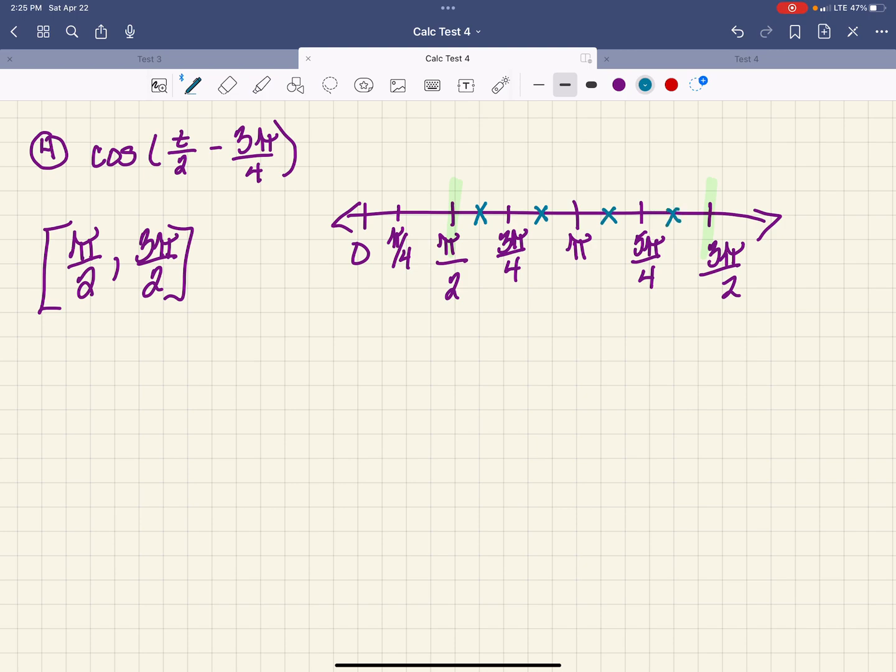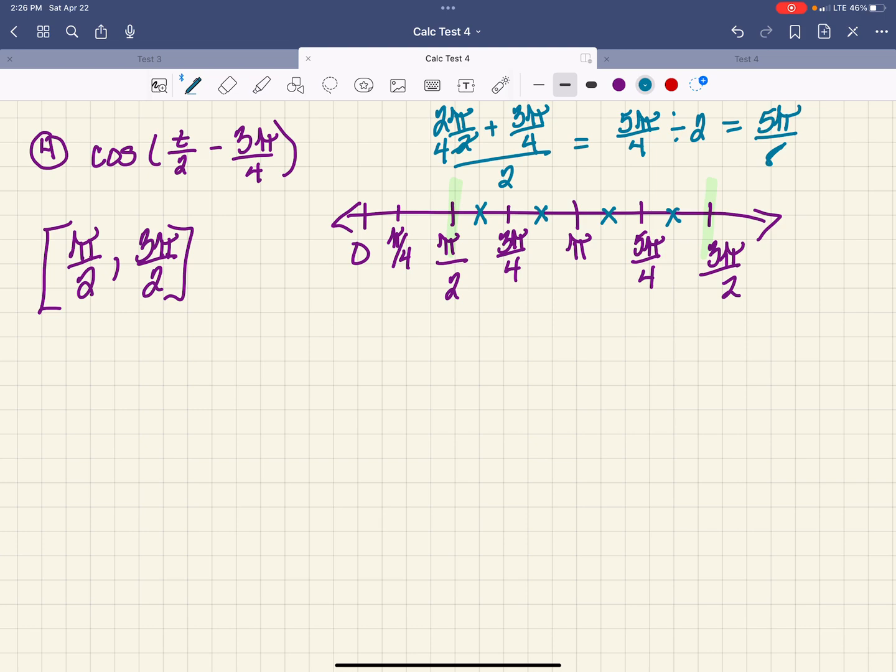The way we do that is pi over 2 plus 3 pi over 4, and then we divide that by 2. That's how we find the midpoint. Pi over 2 plus 3 pi over 4 is the same thing as 2 pi over 4 plus 3 pi over 4, which gives 5 pi over 4, divided by 2 is 5 pi over 8.